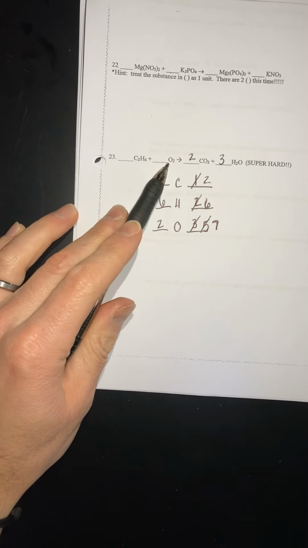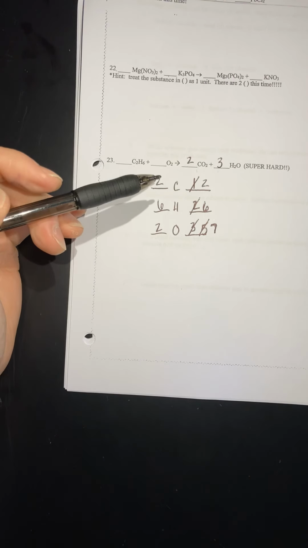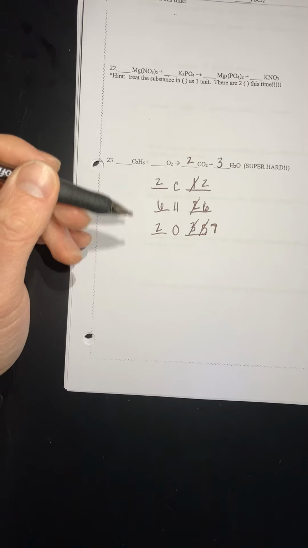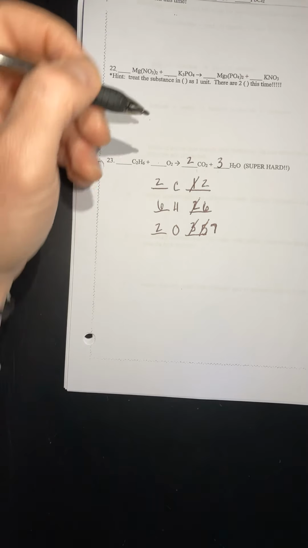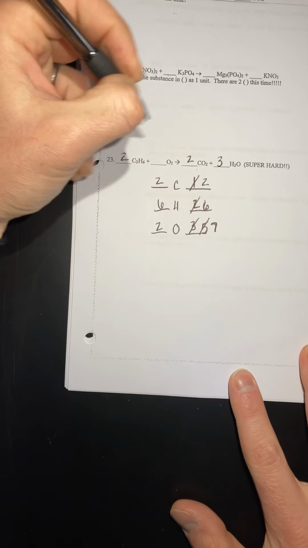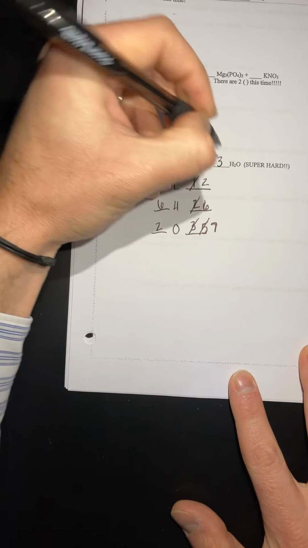Well, here's a little trick. And this happens sometimes, especially with these combustion reactions like this where you have diatomic oxygen. What you can do is double everything else except for that last spot and then balance it from there. So if you put a 2 here, make this a 4 and make this a 6.